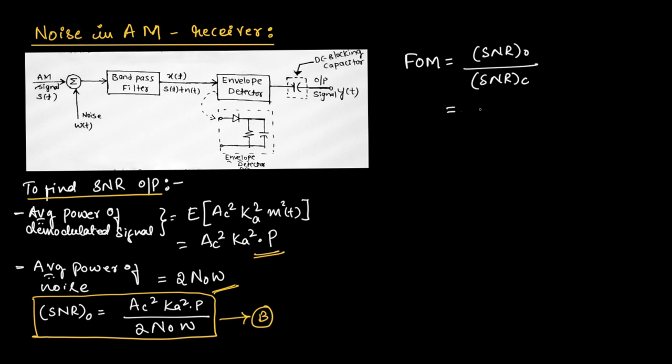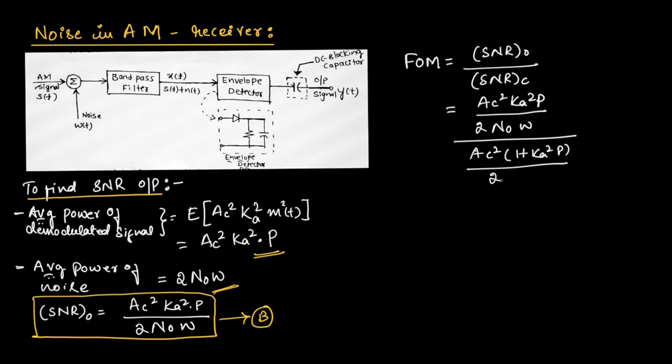So we are dividing the equations A and B. After cancelling the terms, we get Ka square P divided by 1 plus Ka square P. As we know, P is the average power of the message signal, which is Am square by 2.